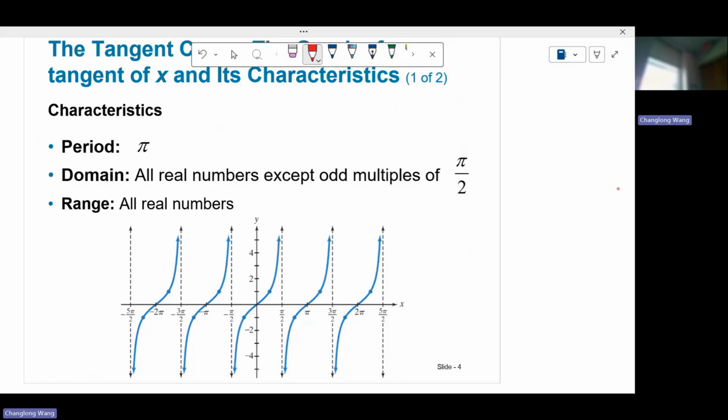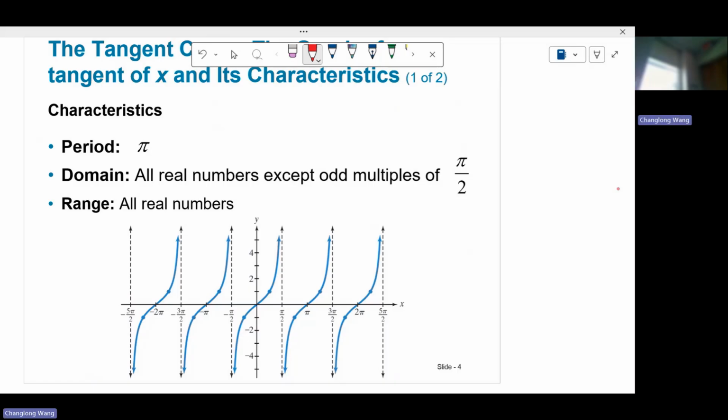I mean, you can remember exactly what they say. I hope that if you are able to recall in a test that the tangent graph looks like that, it has two VAs, one at negative pi over 2, the other at pi over 2, and you can predict where those remaining VAs are going to be using the period.